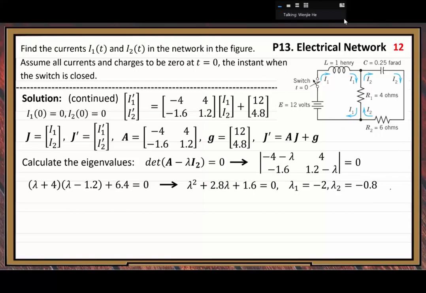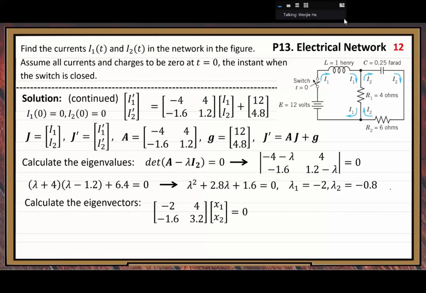For lambda 1, we need to calculate our first eigenvector. For lambda 2, we need to calculate our second eigenvector. So there, we need to solve a simple homogeneous linear system.